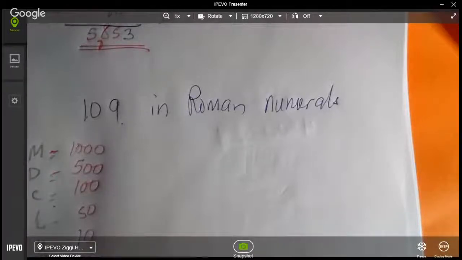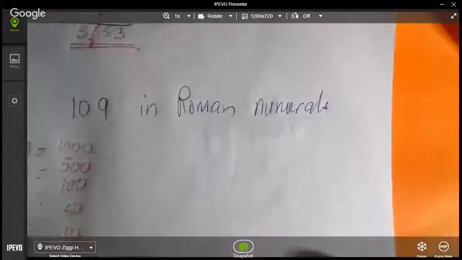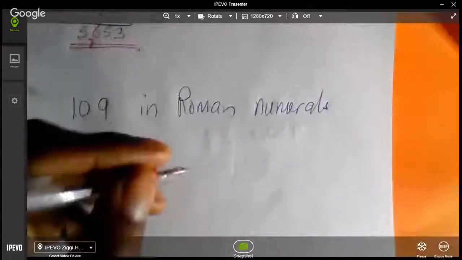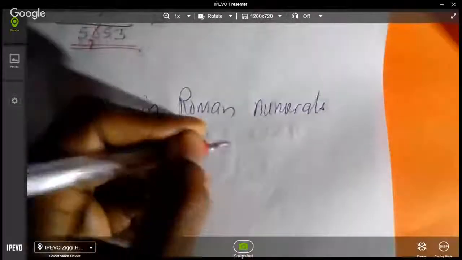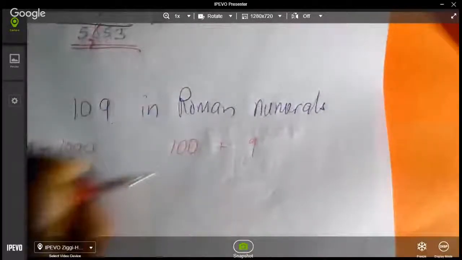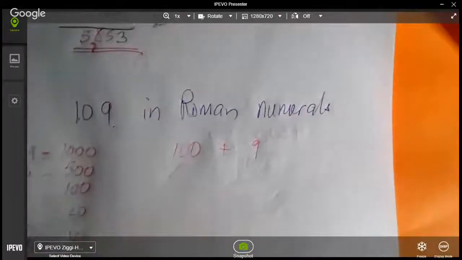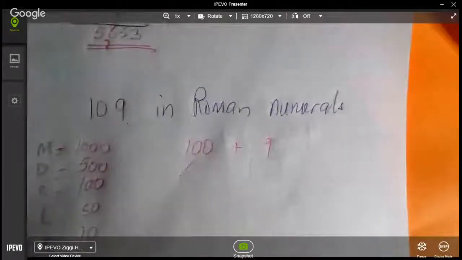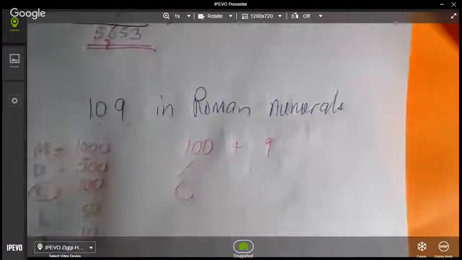Let's break this down into parts. So what do we need to have? We need to have the 100, and we need to have 9. What letter represents the 100? C. What represents 9?